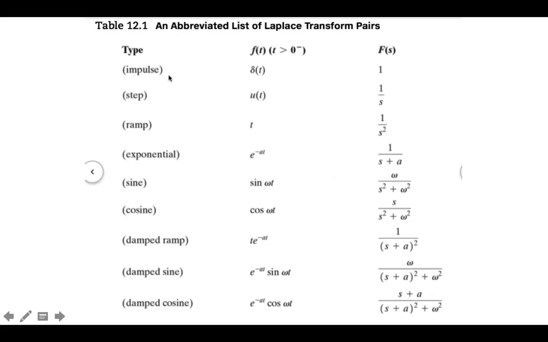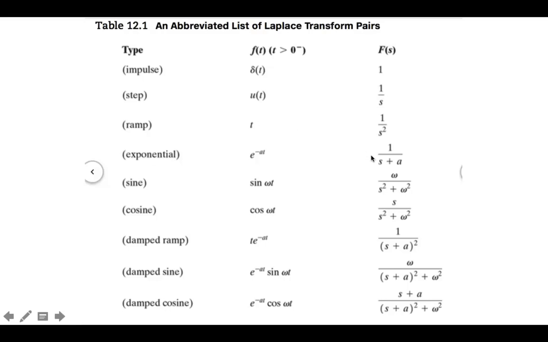So before we do anything else, I want to pull up this list of Laplace transform pairs, and I want us to look at what different terms transform into. So terms that are 1 over s represent step functions. 1 over s squared represent ramp functions.